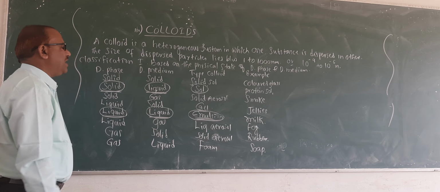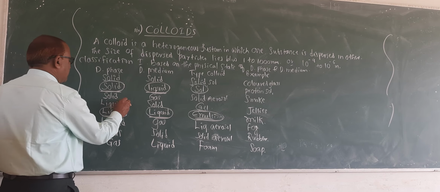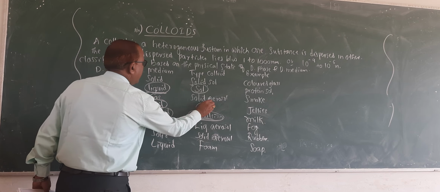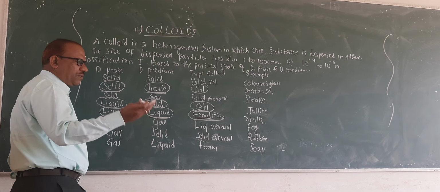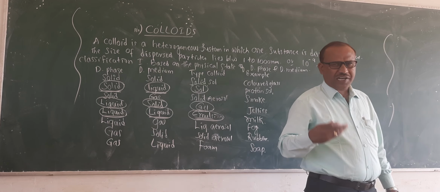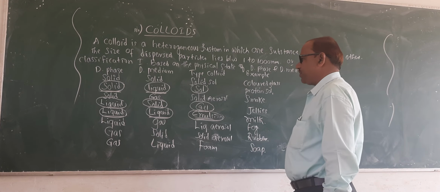For example, emulsified milk. If the dispersed phase is a liquid and the dispersion medium is a solid, then it is called a gel. You use the term Colgate gel; any toothpaste, jellies, cheese are examples of those.